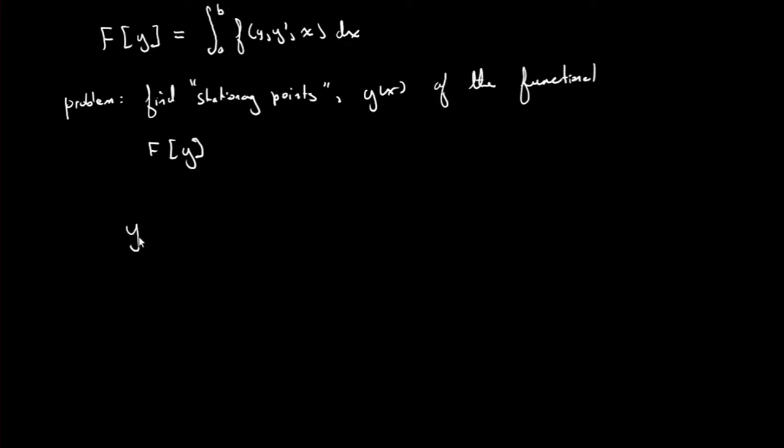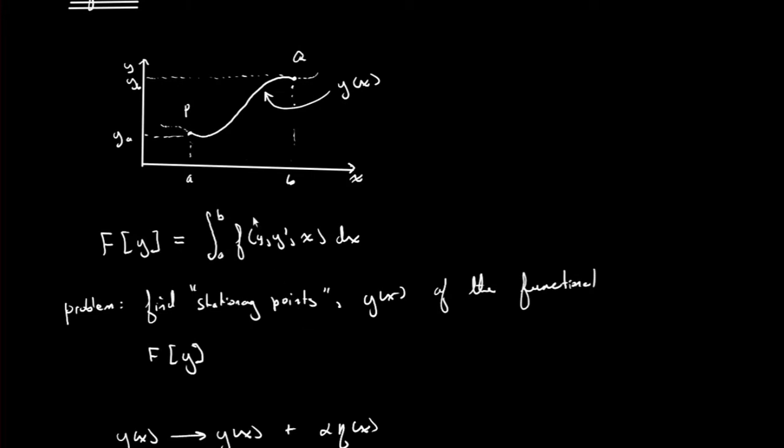So we start with y of x and we go to y of x plus alpha eta of x. And it's worth commenting on this because it's a little different to how we did it before. We always had h's as our displacements, but this time I've written it as alpha eta of x, and it's worth annotating this diagram to explain what we mean.